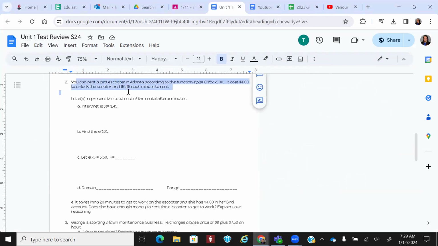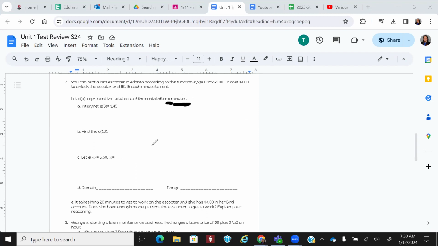Talking about that bird scooter thing, we got this equation, and I want you to interpret what E of 3 equals 1.45 means. Here's the easy way to do it. When you're given something in context, look at where it says X in the problem, up at the top, and see what it defines X as being.